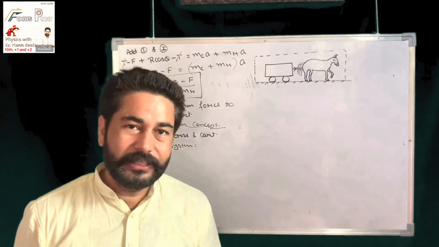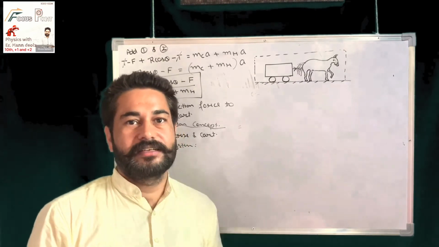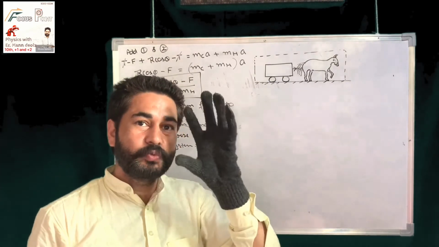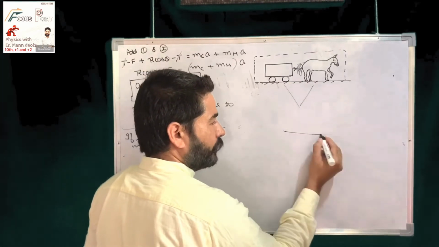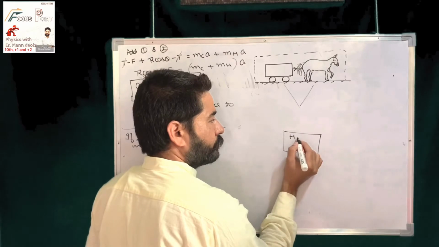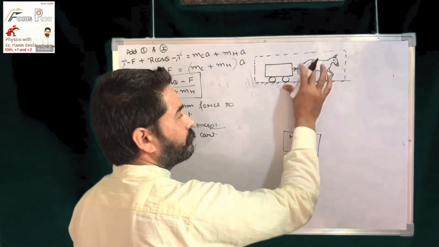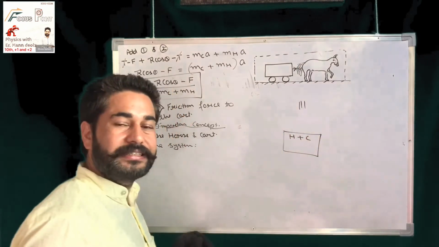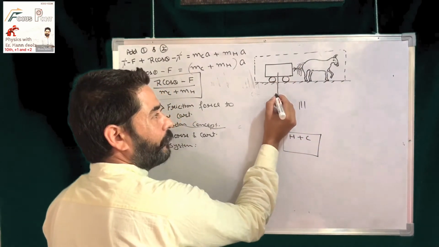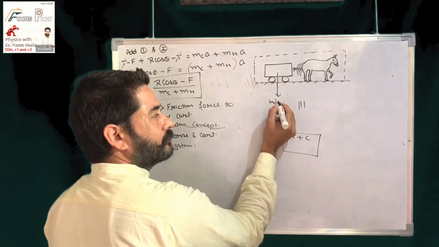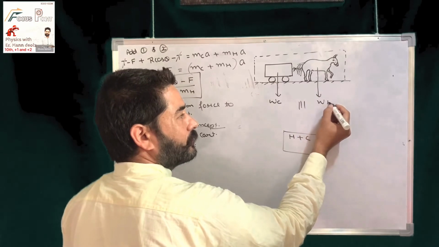Now tell me how many forces are acting from the external side on this system. Now this horse and cart is one body. You can say both are one body, horse plus cart. So from external side, how many forces would act? One would be weight of the cart, weight of the horse.